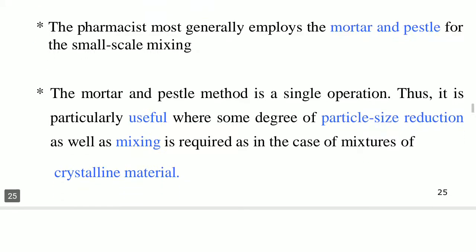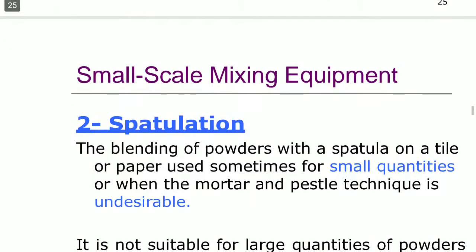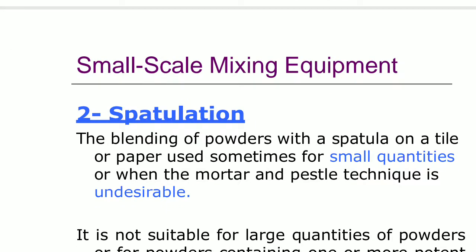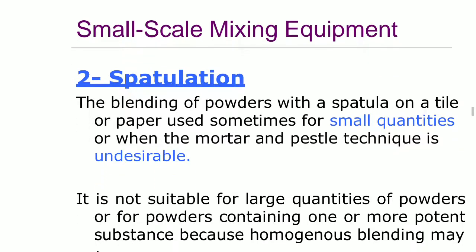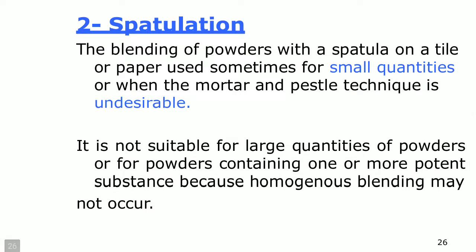Then next one in small scale mixing equipment is, second, spatulation. In this, the blending of a powder with a spatula on a tile or paper is used sometimes for small quantities or when the mortar and pestle technique is undesirable.